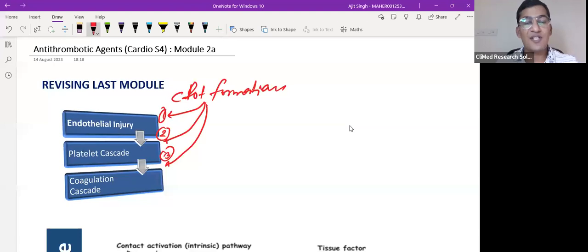So we will first understand the coagulation cascade and how it ends up with fibrin, and from thrombin, how it binds with the platelets and makes the mesh, and how it makes the plaque. The entire plaque formation we'll discuss, and then we will discuss individual drugs.